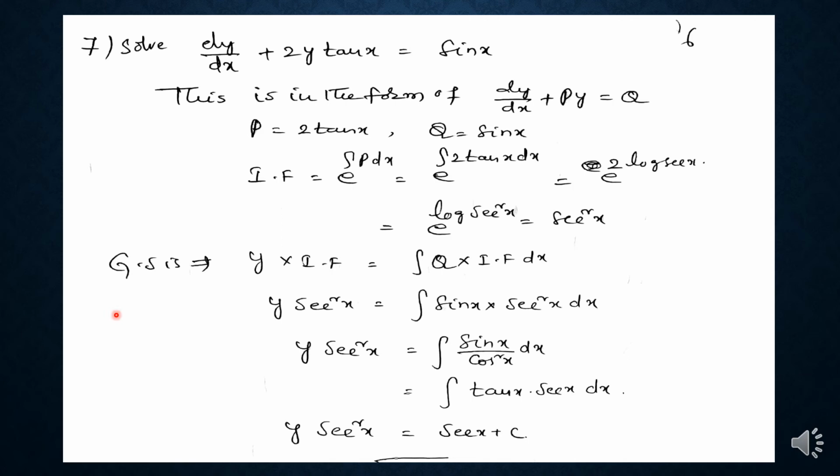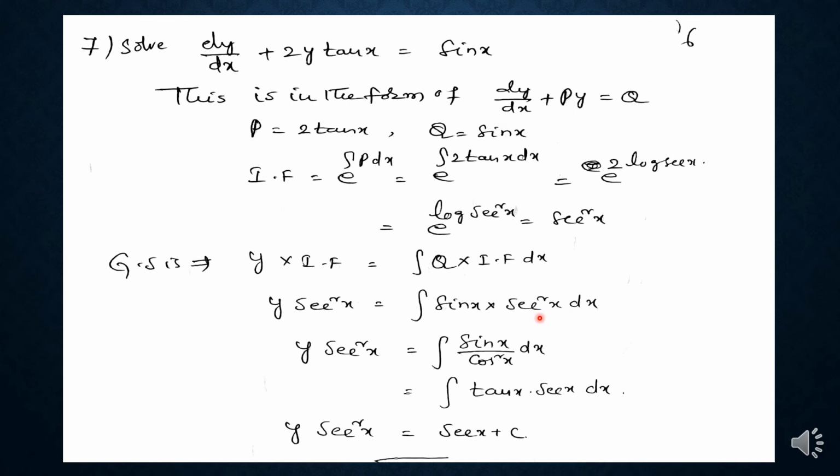So the general solution is y·IF = ∫Q·IF dx. That is y sec² x = ∫sin x sec² x dx.